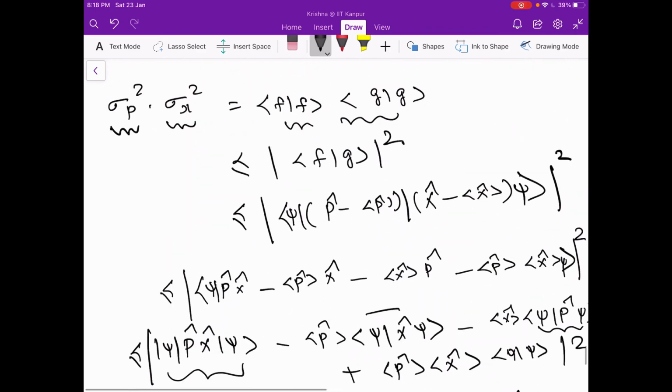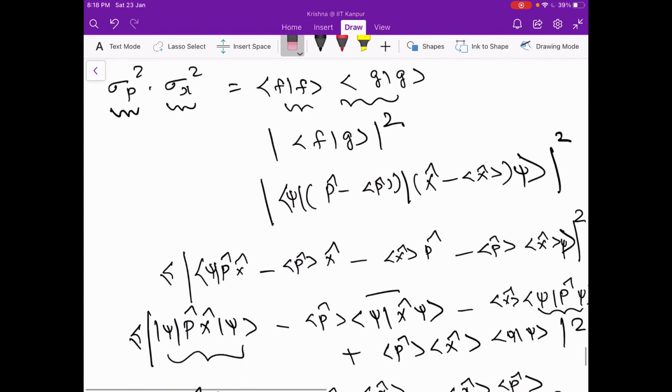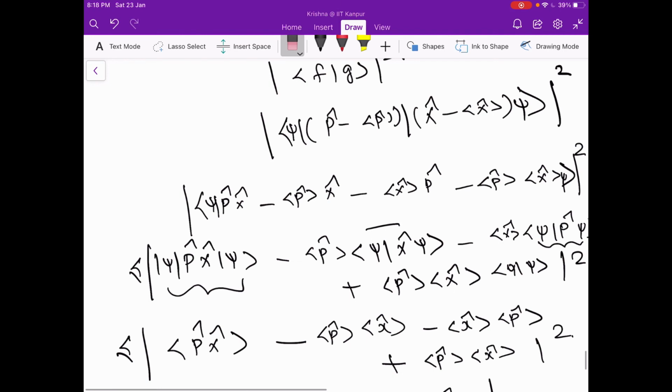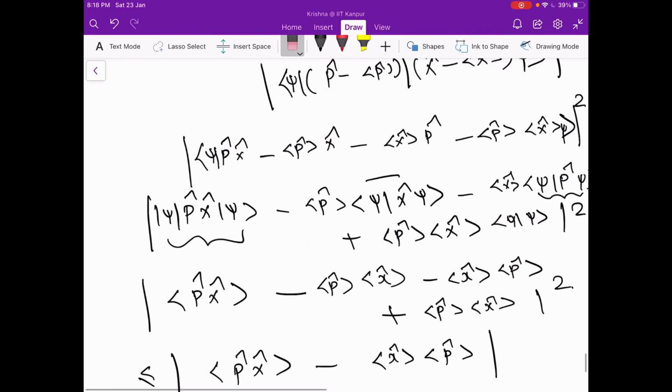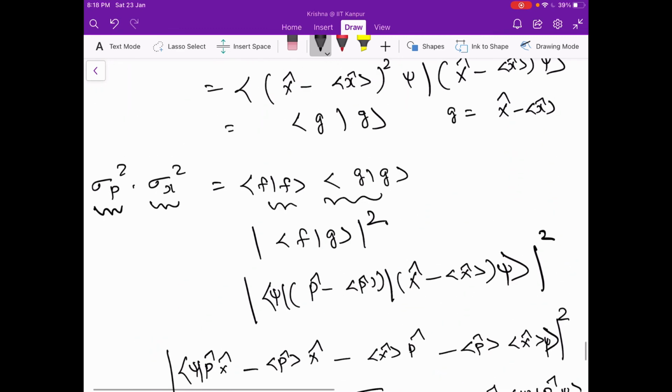Hey guys, really sorry about a mistake. So it's not lesser than or equal to, but remember the product is always larger than, right? So the product of f and g is always larger than the inner product, right?